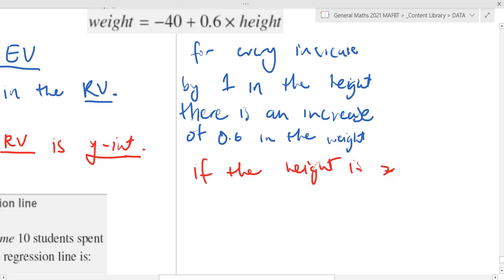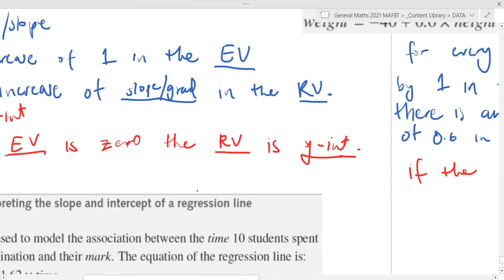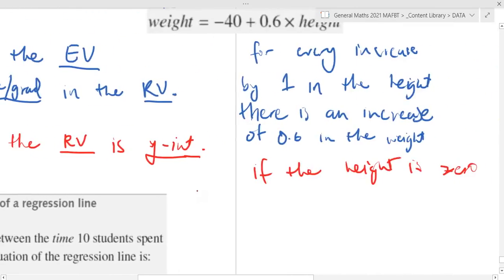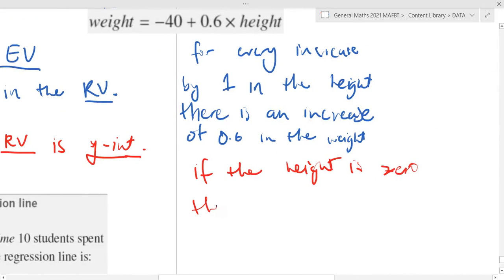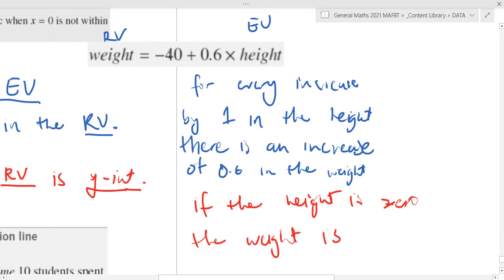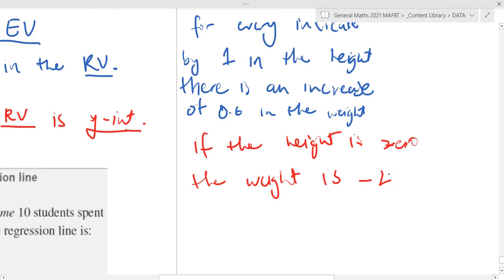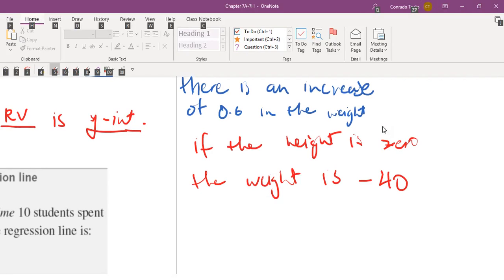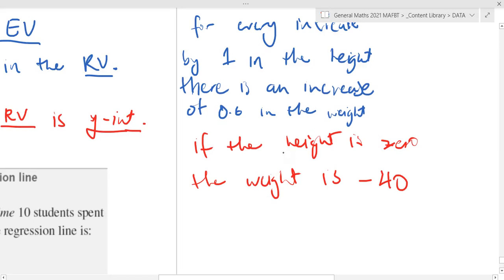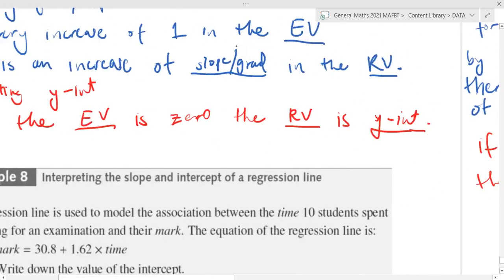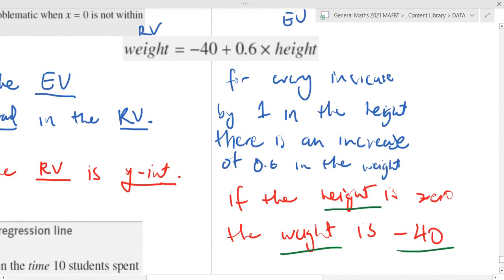If the height is 0, the weight is, and what's the y-intercept there? -40. Okay, so -40. And that's how we'd interpret it. So you're just changing the EV, what's the RV, and then what's the y-intercept. And if you're interpreting the gradient, you're changing what's the EV, what is the actual value of the gradient, and then what's the RV.